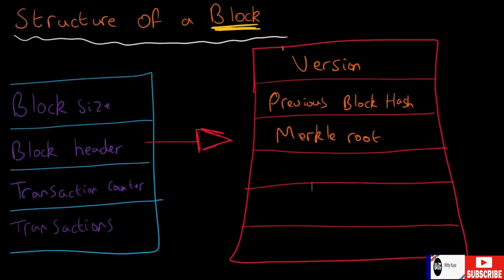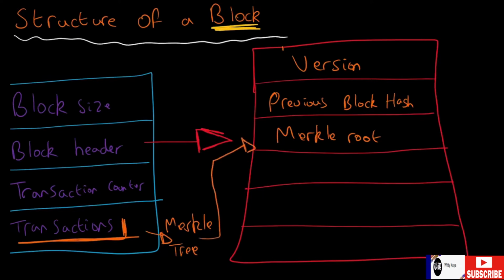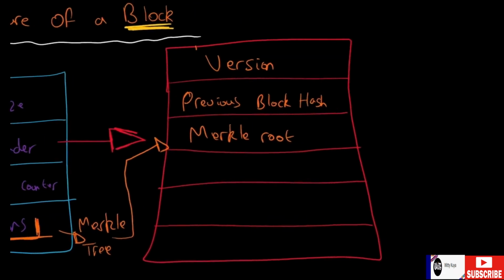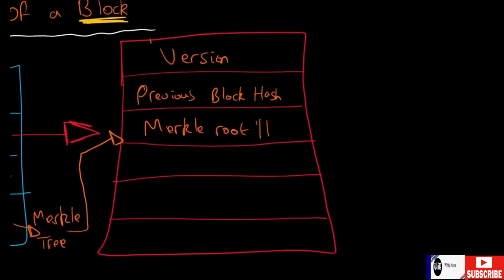So all of these transactions here are pumped into a Merkle tree, and it comes out with a Merkle root. If one of the transactions were to be modified, changed, removed, so any change to the overall transactions were to occur, then this Merkle tree would result in a different Merkle root hash.